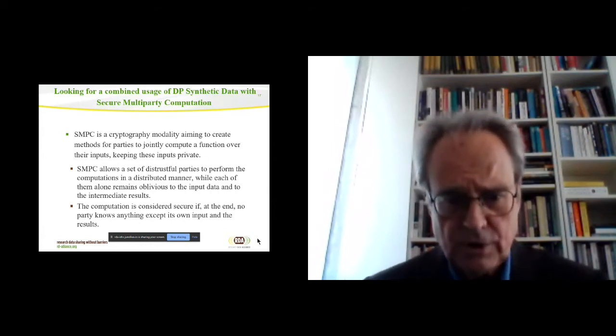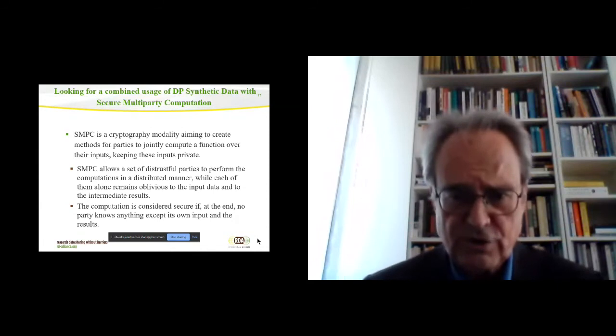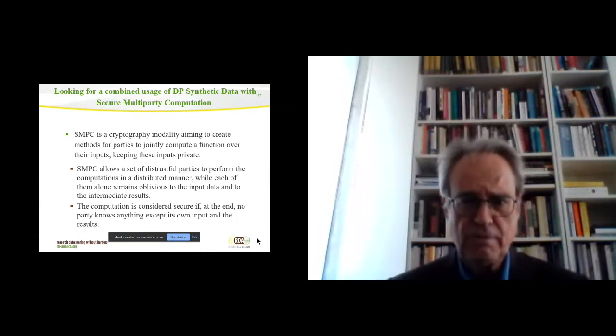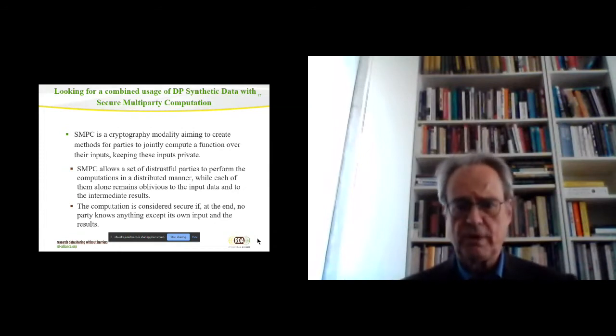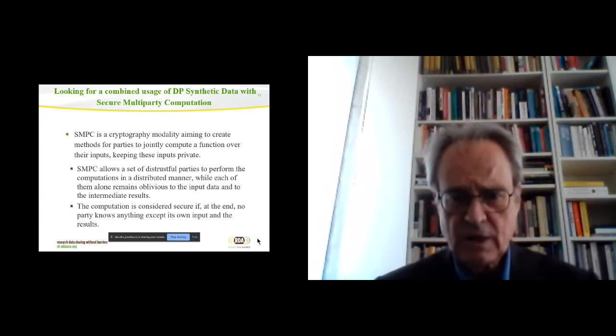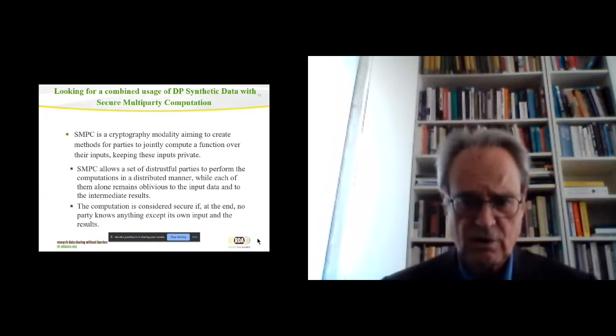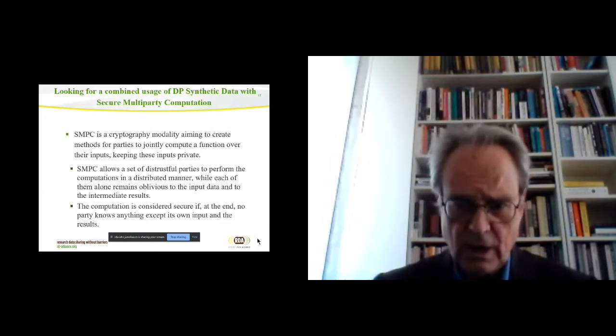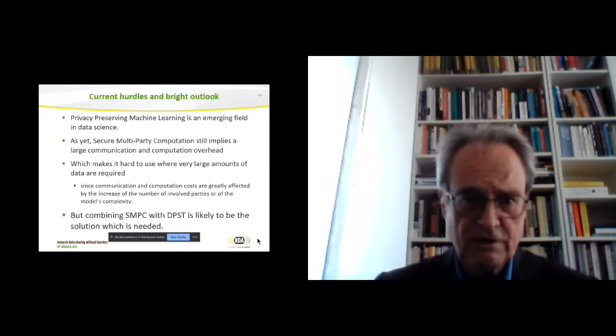Secure multi-party computation allows a set of distrustful parties to perform the computations in a distributed manner, while each of them alone remains oblivious to the input data and to the intermediate results. The computation is considered secure if at the end no party knows anything except its own input and the result.